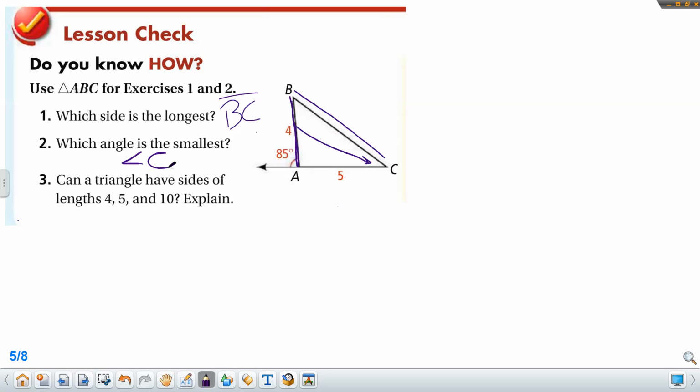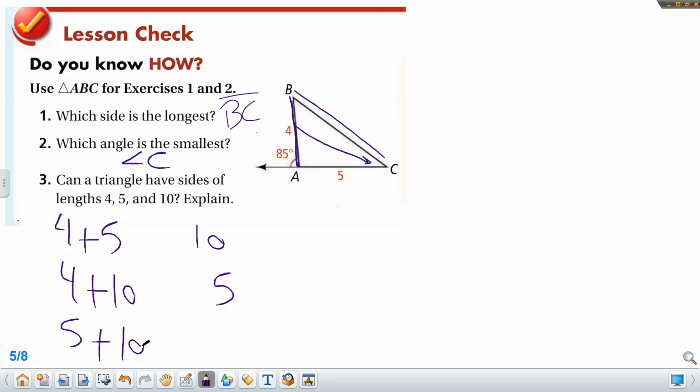Number 3. Can a triangle have sides of lengths 4, 5, and 10? First, I want to compare the sum of each pair of sides with the third side. For example, 4 plus 5 and 10, 4 plus 10 and 5, 5 plus 10 and 4. Okay. 4 plus 5 is 9, and 9 is less than 10.